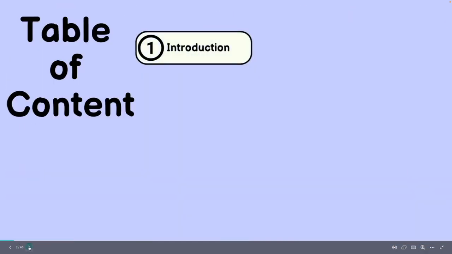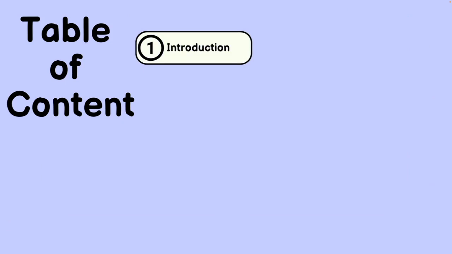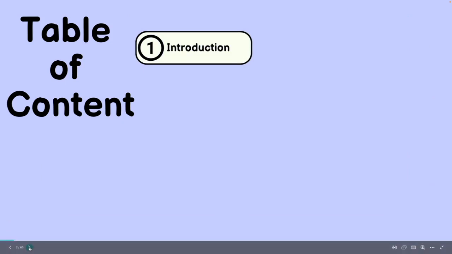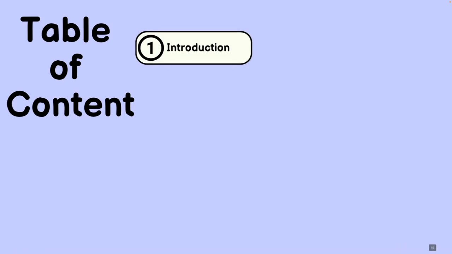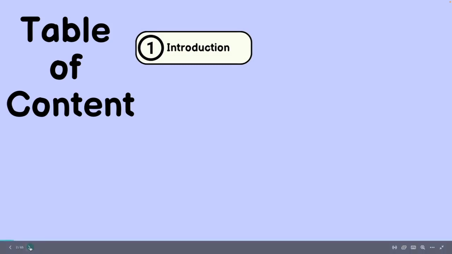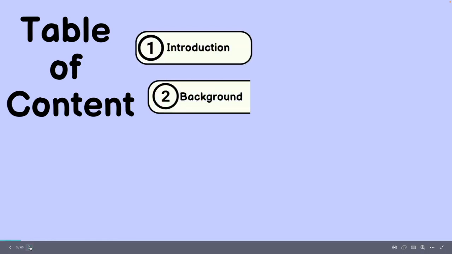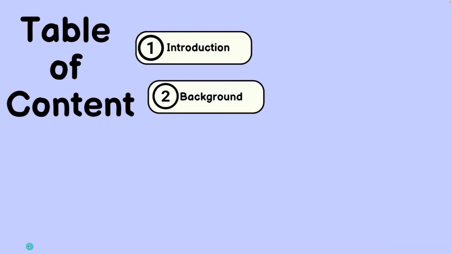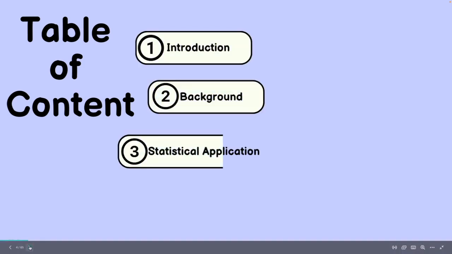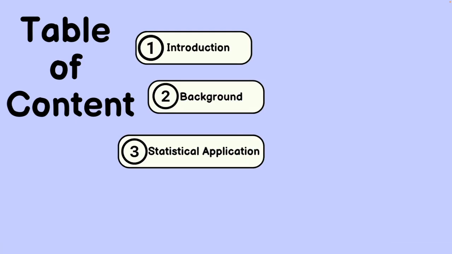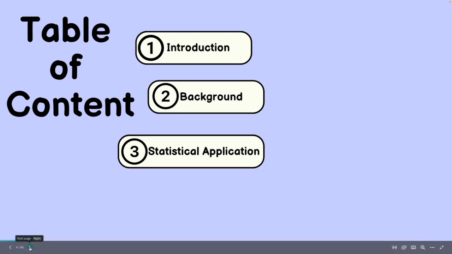By way of the table of contents, there are 8 sections to this video, but the meat of it will be in the fourth and fifth section. So there'll be an introduction followed by some details for the background. Then we will look at some modern day applications of statistics in educational research.